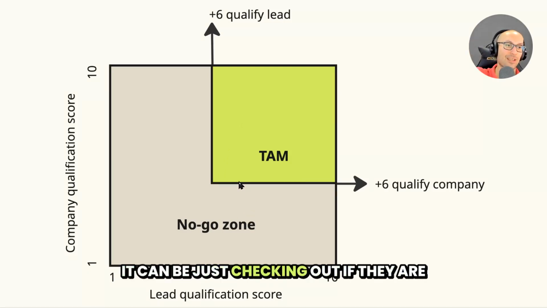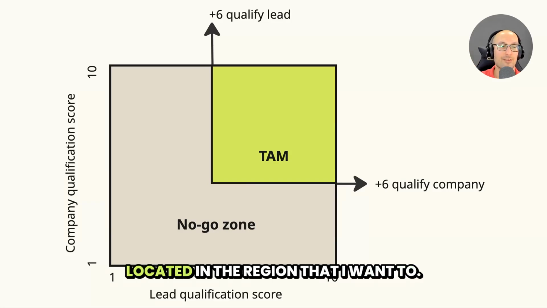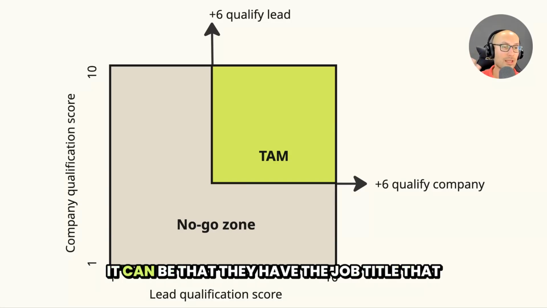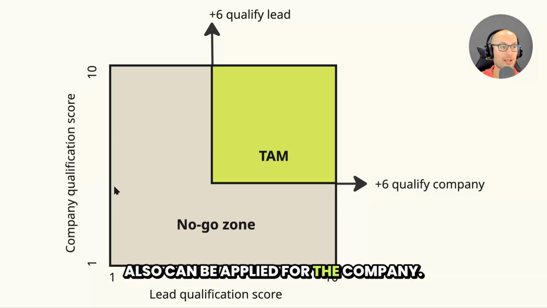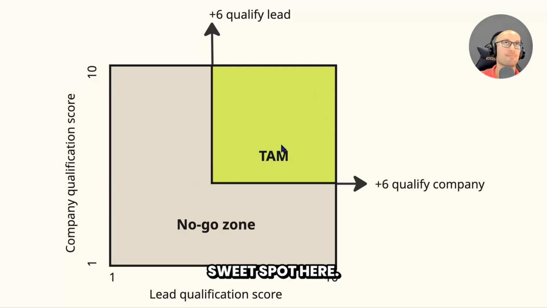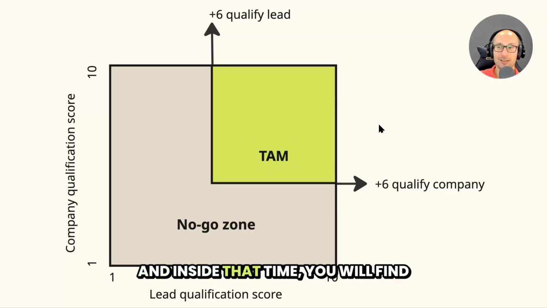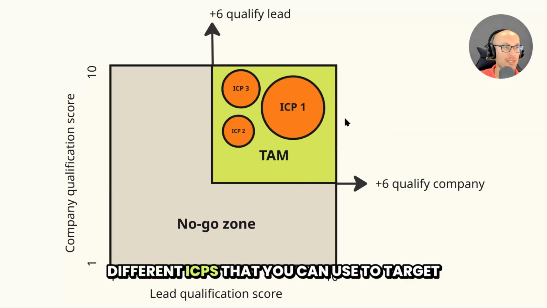It can be just checking if they are located in the region that I want. It can be that they have the job title that I want, and so on. Also can be applied for the company. You will find there will be a sweet spot here of all your TAM. And inside that TAM, you will find different ICPs that you can use to target the campaign.